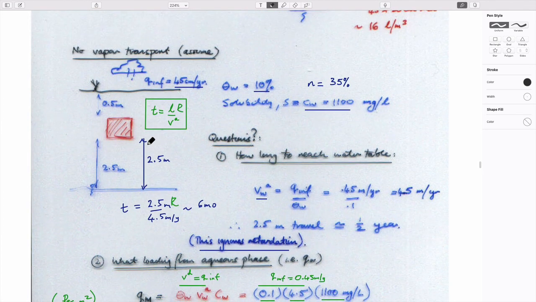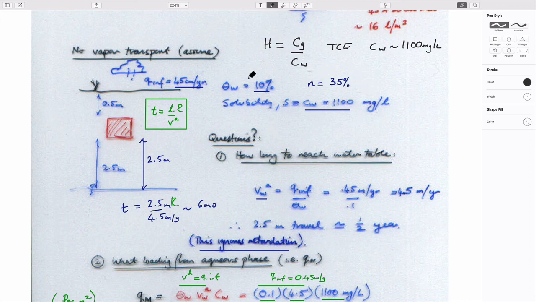So you could calculate, for instance, if you know Henry's Law coefficient is equal to the concentration in the gas divided by the concentration in the liquid. For TCE, we know, for instance, that the concentration in water is something like 1,100 milligrams per liter.